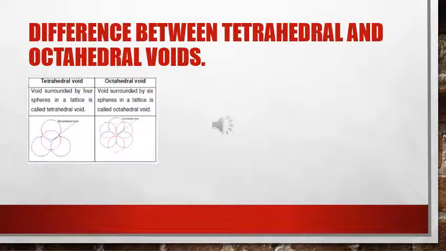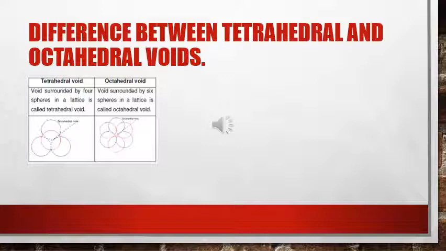Now let me explain the difference between tetrahedral and octahedral voids. What do you mean by tetrahedral voids? Point number one, it is surrounded by four spheres in the crystal lattice. If you want, you can represent it diagrammatically also. From this diagram, you can see the dotted line that is represented, called the void.